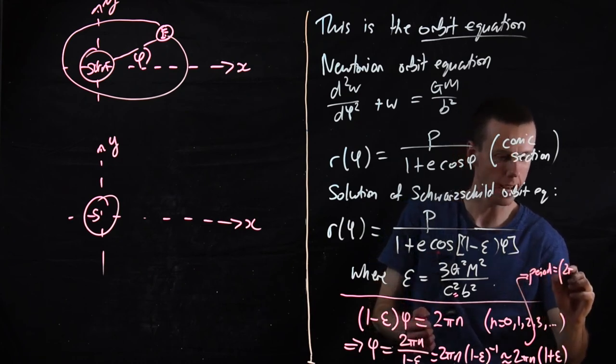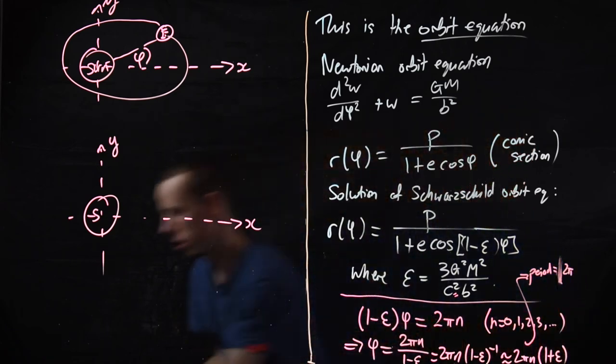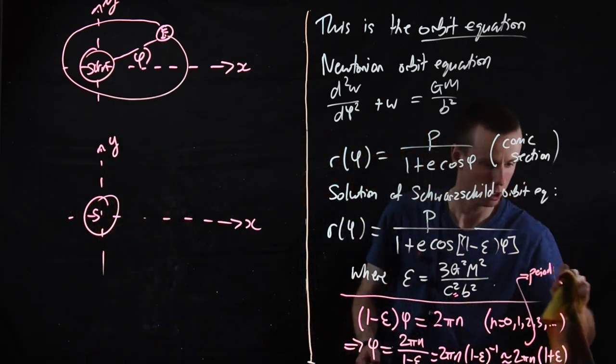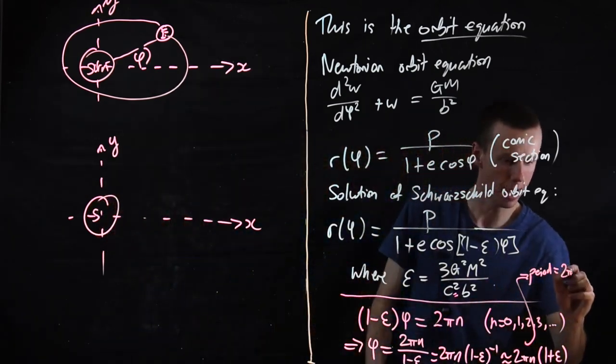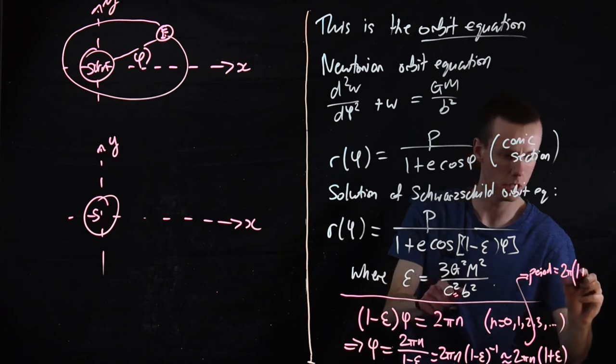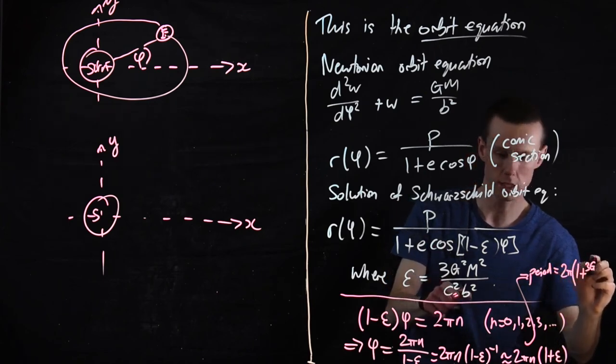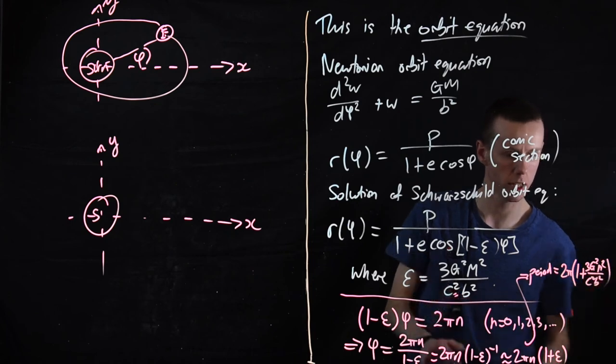So the period is equal to 2 pi times 1 plus 3g squared m squared over c squared b squared.